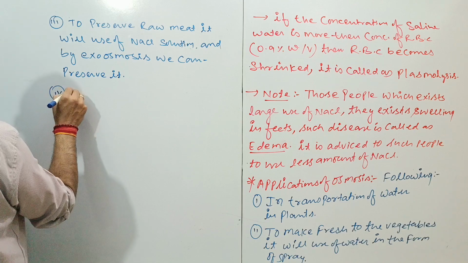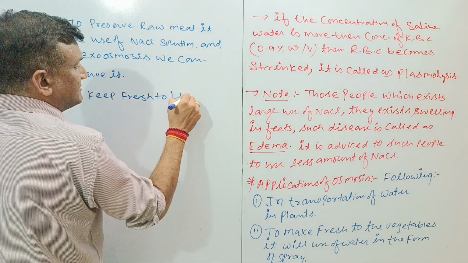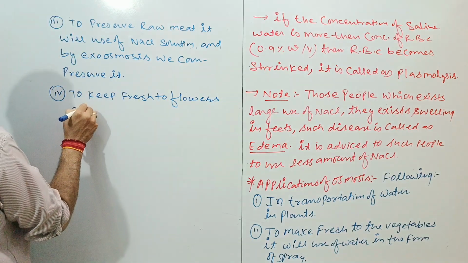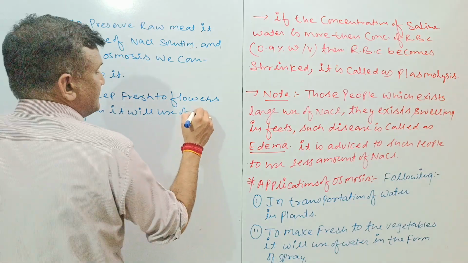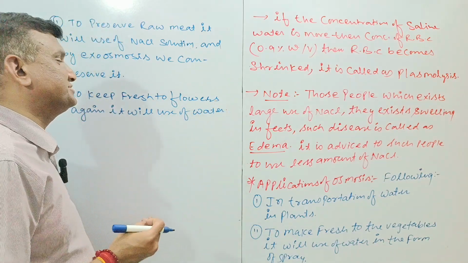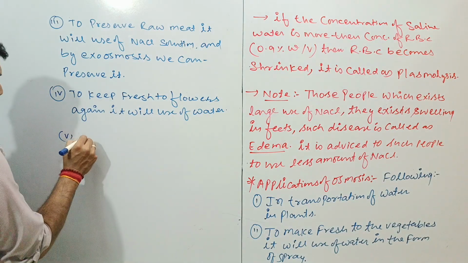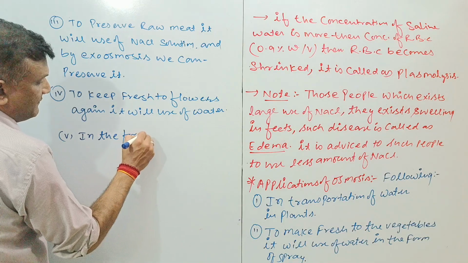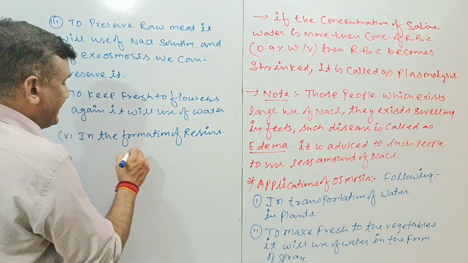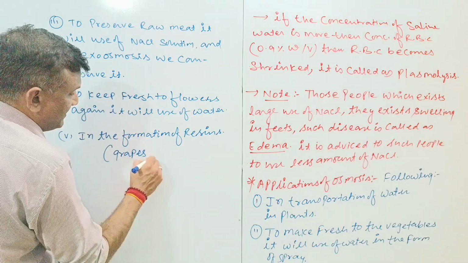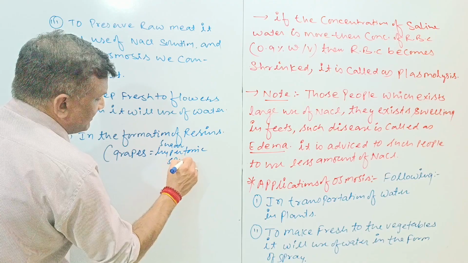Fourth application, to keep flowers fresh. Again, we use water. वही वाटर का स्प्रे करेंगे तो एंडोस्मोसिस के थ्रू वो फ्लावर की पेटल्स जो है वो एज इट इज फ्रेश बने रहेंगे. एंड फिफ्थ इज योर formation of resins, किशमिश बनाने के लिए भी हम पर्टिकुलर ग्रेप्स को हाइपरटोनिक शुगर के हाइपरटोनिक सॉल्यूशन में रखते हैं.